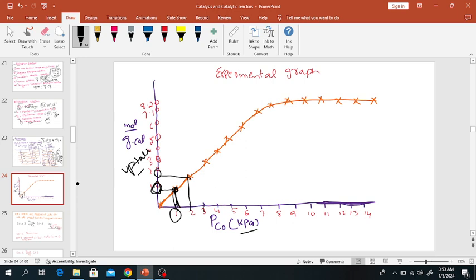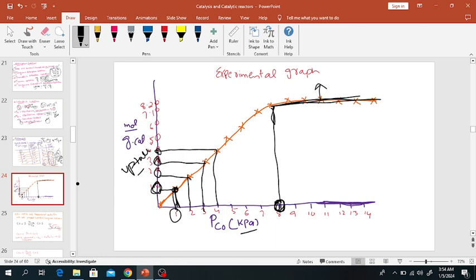At 3 kilopascal, it is 3. At 4 it becomes 4. After about 8, you can see that the uptake becomes constant.